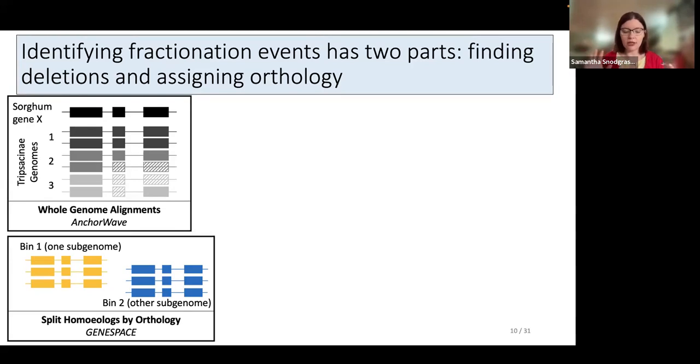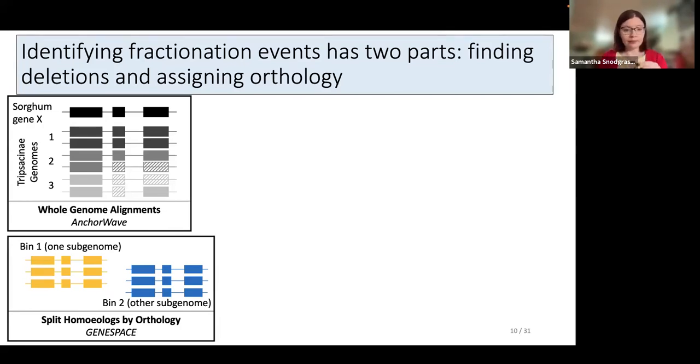And so rather than using some of the previous subgenome classifications that have been created and are still being created for this whole genome duplication event and this lineage, I am instead trying to sidestep all of that and just say, based off of orthology and synteny, these homologs across all of these genomes go together, and so should be in bin 1. And all of these homologs are syntenic and orthologous to each other, so they should go in bin 2 for this one reference, right? And I'm doing this using a program called GENESPACE.